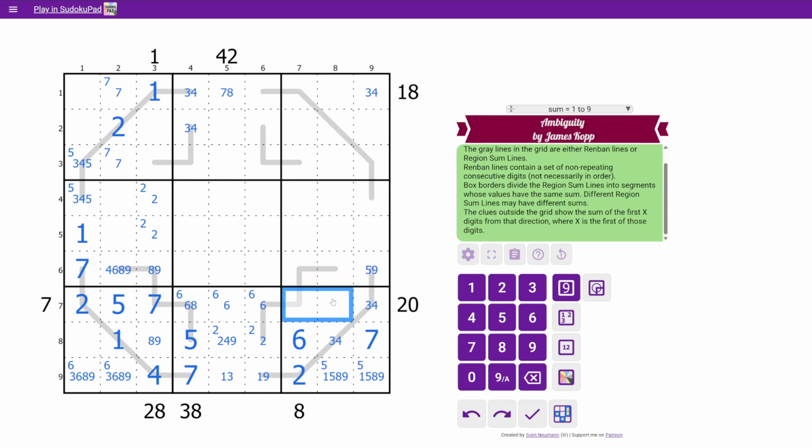Because this would have to be a 1-9. This would have to be a 6. This line already can't have a 7 on it. And a 6 can't reach a 1 on a 5 cell thingy. So if this was a 3, this would be 9-8. Oh, but I was doing if this was a 6.